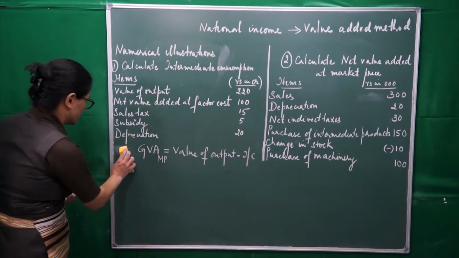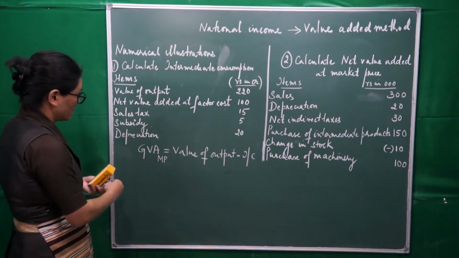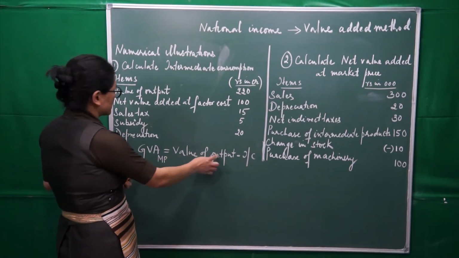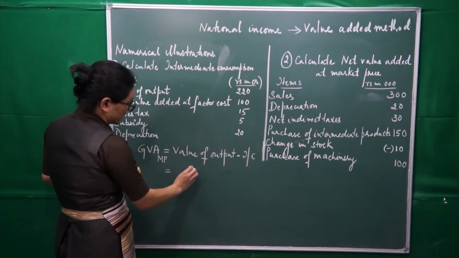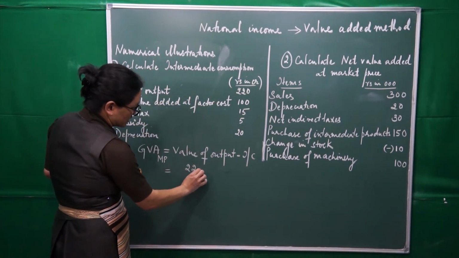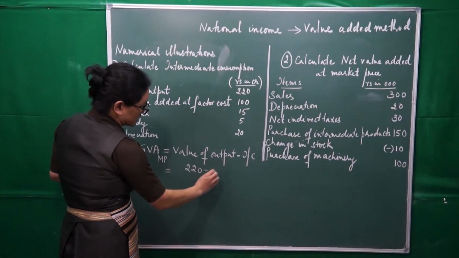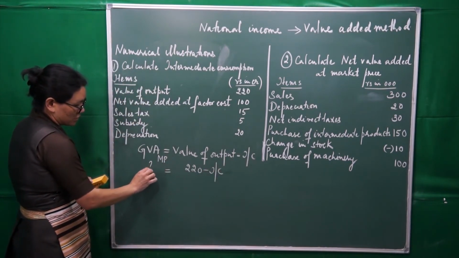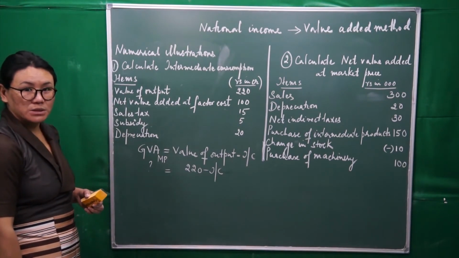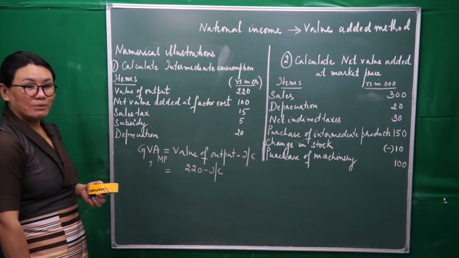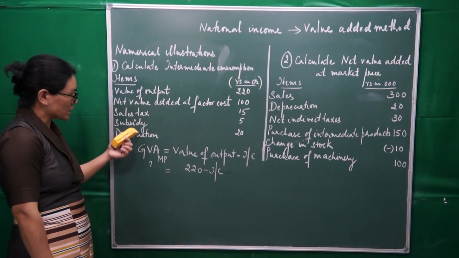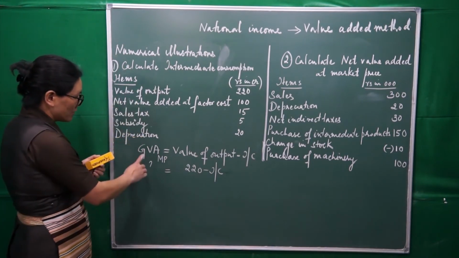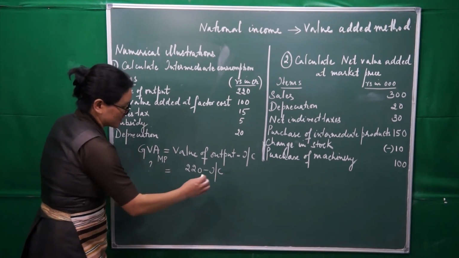Now see here, value of output is given here, how much? 220. We have to find out IC, intermediate consumption. This is also not given, but we will get this one by using the information which is given here. So we will go for this calculation first.